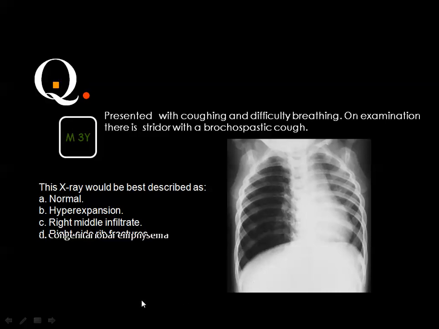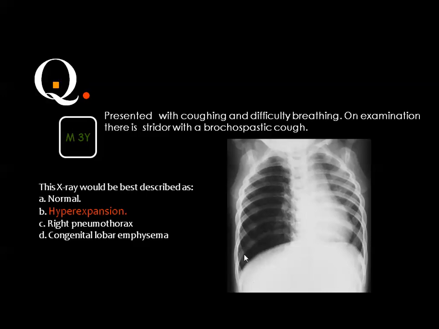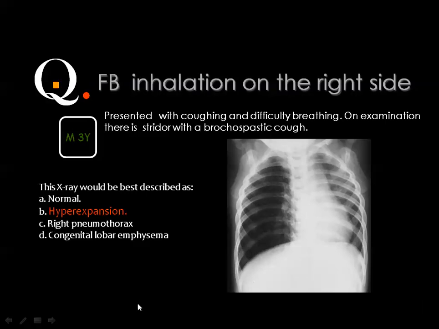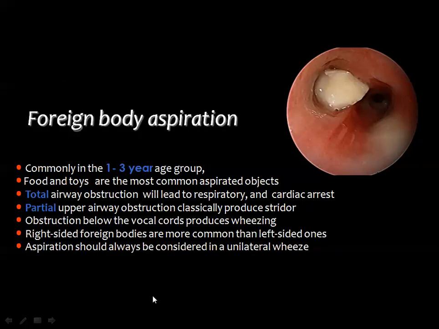Actually, the true answer is the hyperinflation or the hyperexpansion on the right side compared to the left with some shift of the cardiac shadow to the opposite side. And these findings in a reliable age group of children are diagnostic of foreign body inhalation.